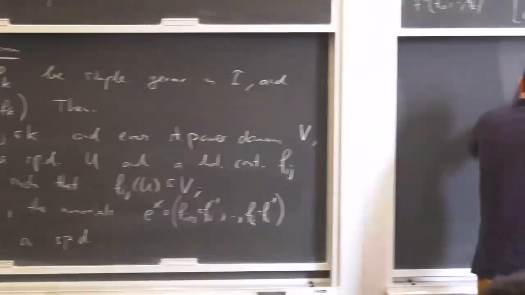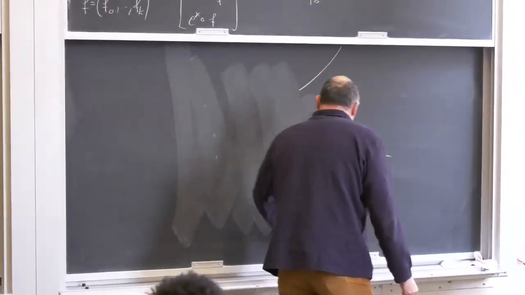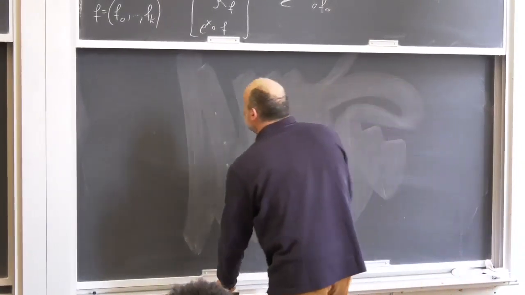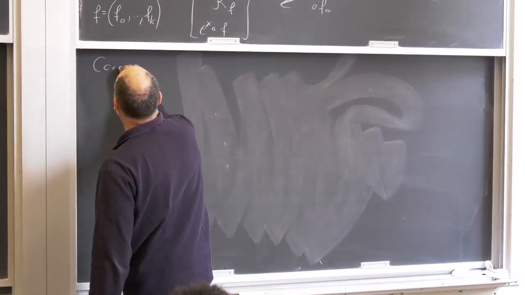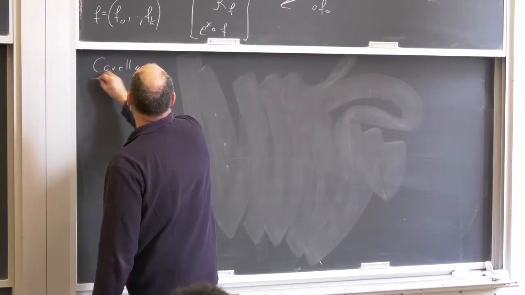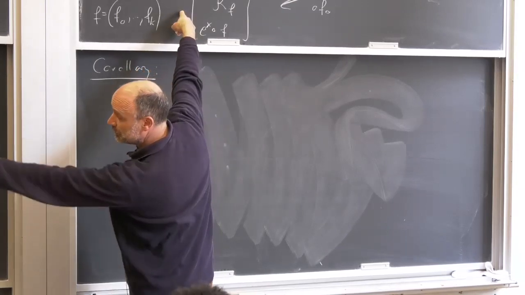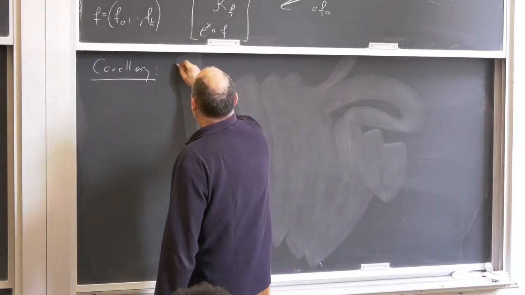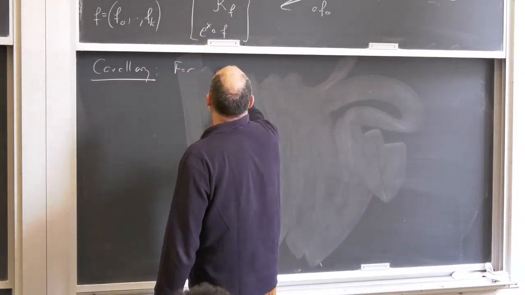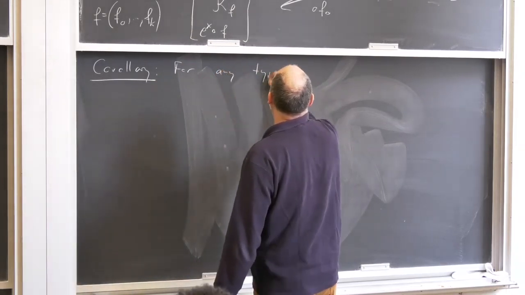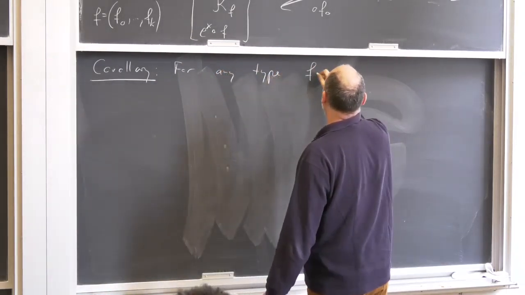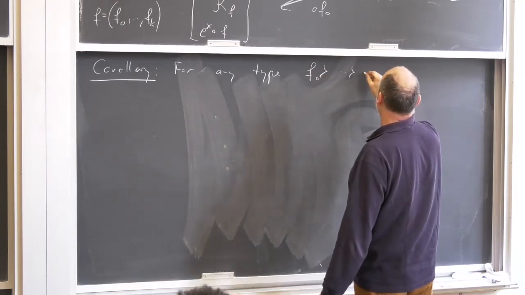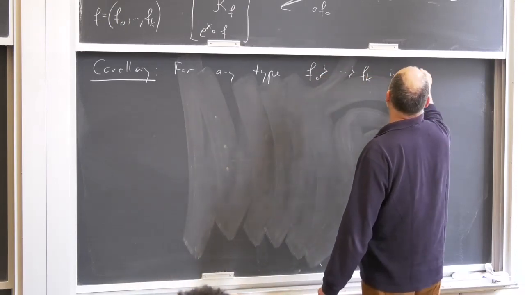All right. So what this means is that this construction goes through for any such tuple F_0 > ... > F_k.